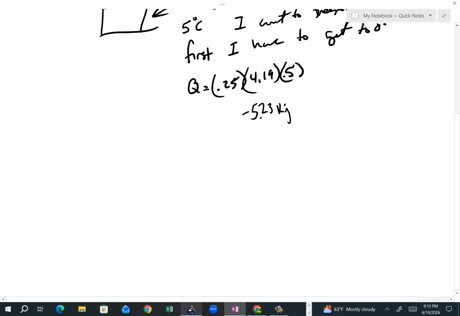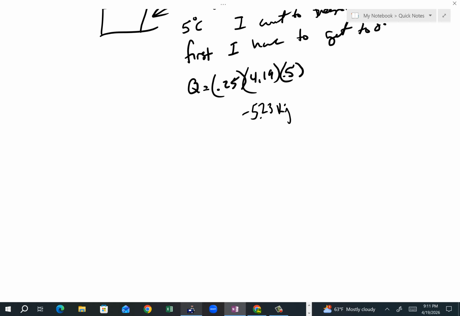Here's the problem. To get it to freeze, I have to remove a ton more energy. In other words, until I pull that next amount of energy out, it's going to stay in liquid form at 0 degrees C. I have to pull a ton more out to get it over that fusion, that change of state between liquid and solid.